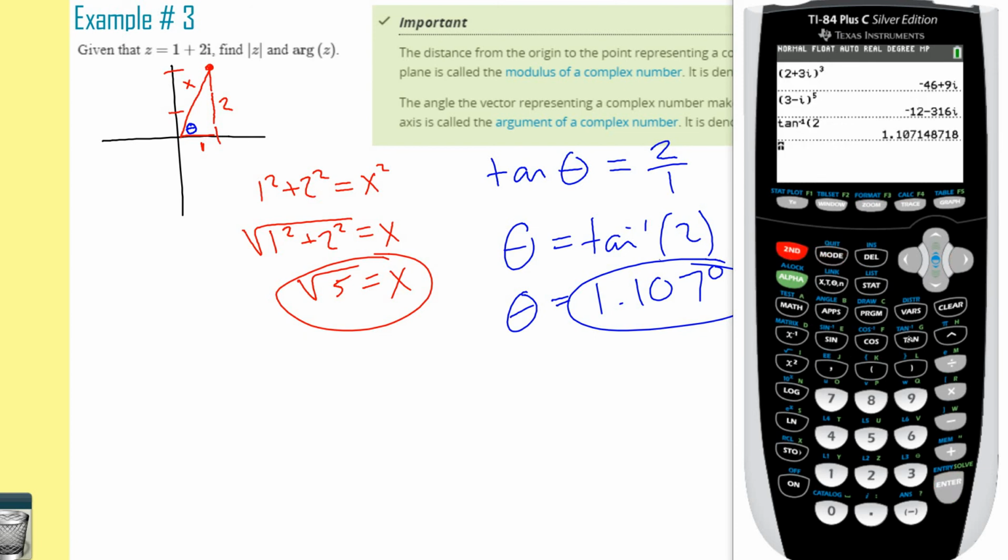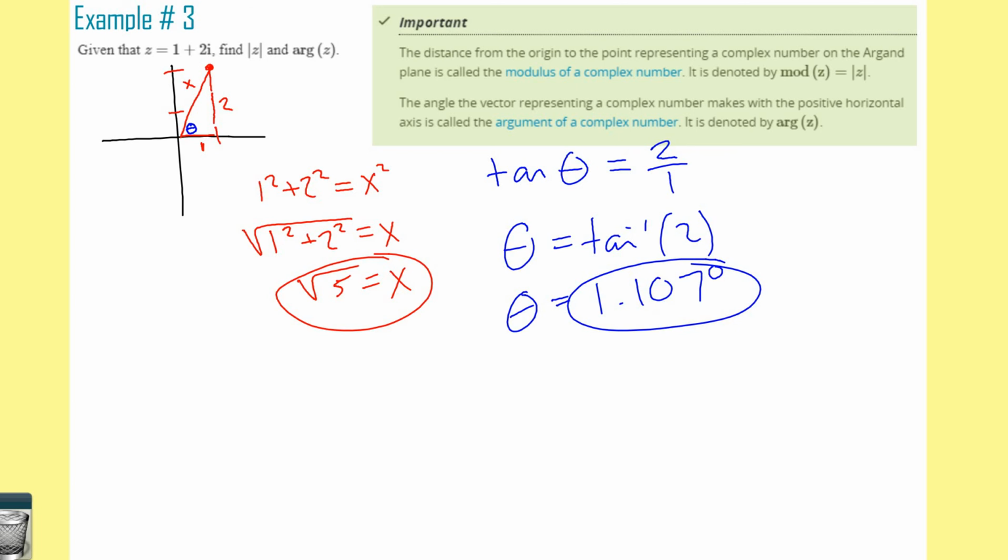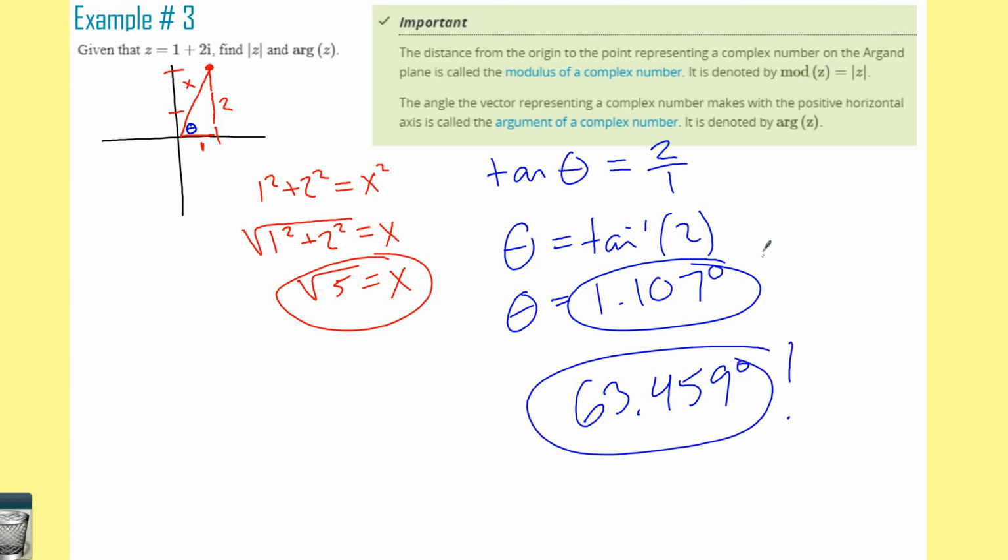So the inverse tangent of 2 is actually, that makes more sense. Now my angle is 63.435. Ooh, 63.459, I believe. That's in degrees. This makes more sense. That doesn't, right? That's because I was in radians. Okay? So check your mode. This one is in degrees. Okay? We're going to stick to degrees.